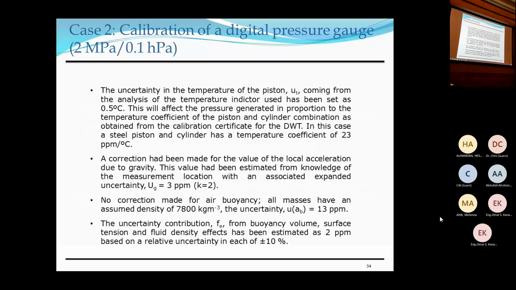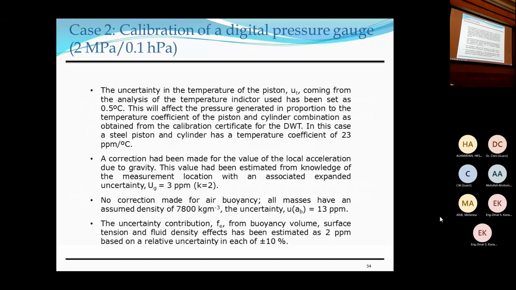The effective area is a dimensional quantity, so it depends on the temperature. We have the local acceleration due to gravity because we're calculating a force generated by dead weights. We have air buoyancy. We have from the buoyancy volume a small contribution.